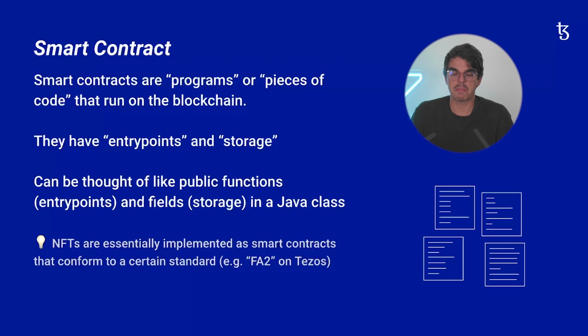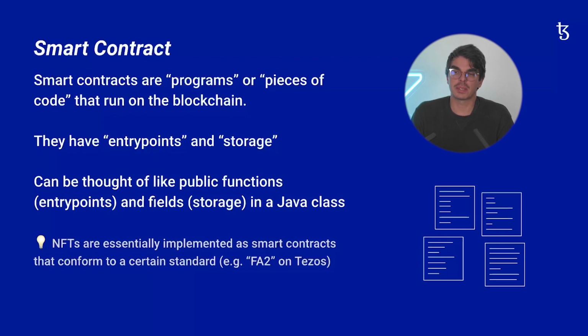And the two main features of smart contracts are that they have entry points and storage. So if you were to think of a smart contract a little bit like a class in Java or a similar object-oriented language, the entry points would be like the Java class's public static functions, and the storage would be like the Java class's fields.